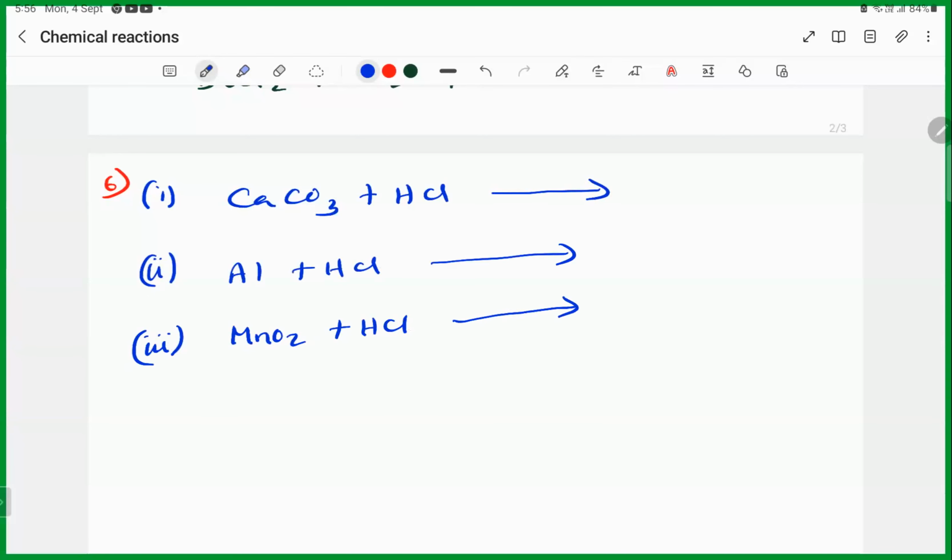Answer. சொல்லுப்பா. இத பேலன்ஸ் பண்ணி என்ன கிடைக்கும்? When calcium carbonate reacts with dilute HCl.